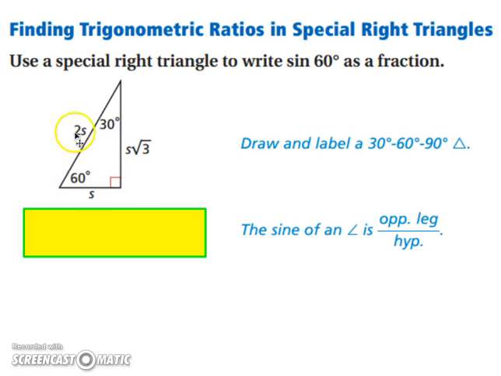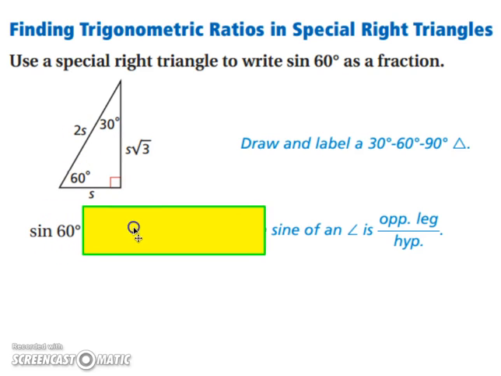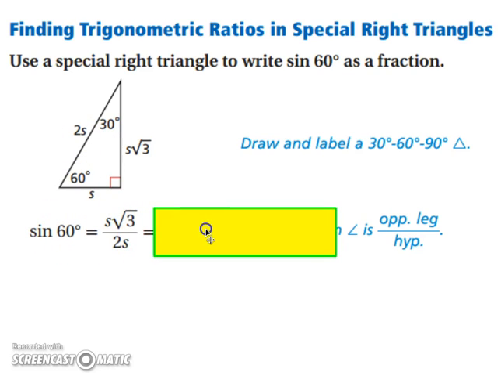Our hypotenuse is 2s. Our side opposite 30 is s. So if we want the sine of 60, we want opposite over hypotenuse. So we have s square root of 3 over 2s.